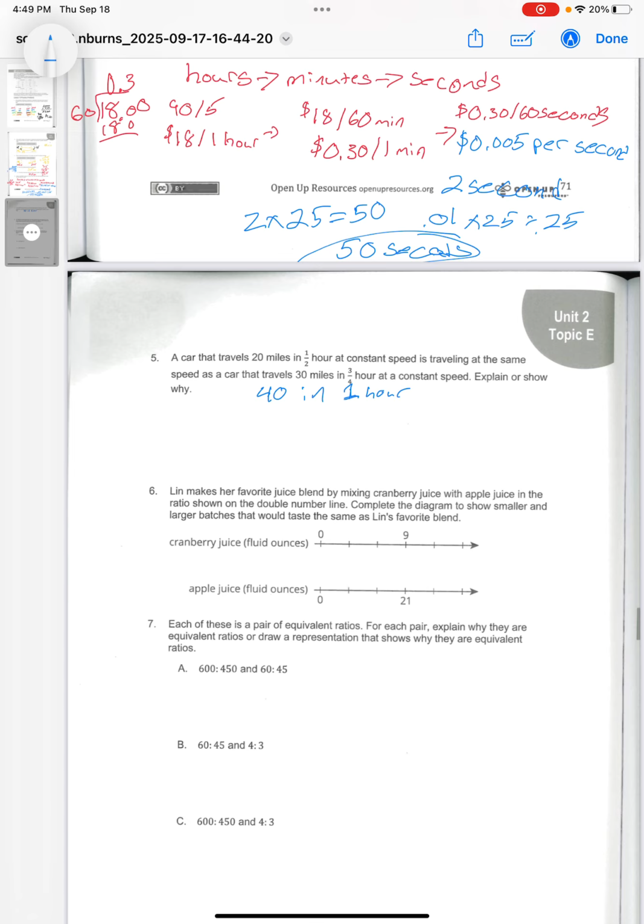Okay, well, then we've got 30 in 3/4. Well, if I divide this 3/4 by 3, that's 1/4. Divide this by 3, I get 10. So that means they do 10 miles in 15 minutes.